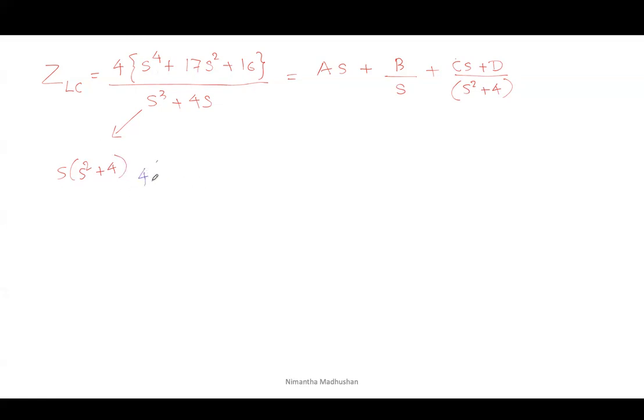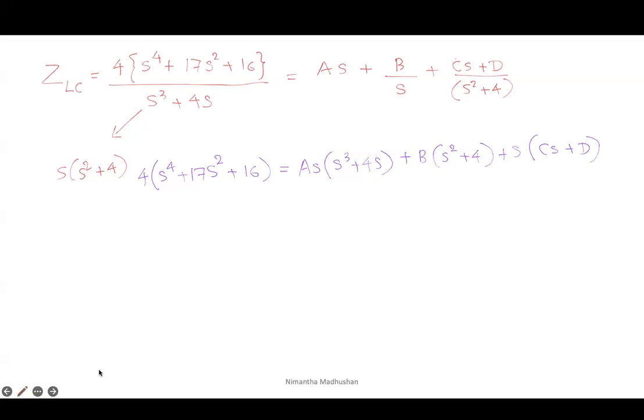Then 4s^4 plus 17s^2 plus 16 is equal to As times s^3 plus 4s, plus B into s squared plus 4, plus s into Cs plus D. Now we have to find the value of A, value of B, value of C and D.